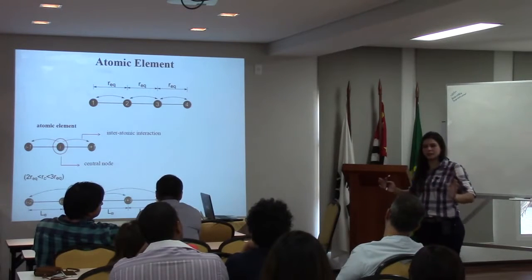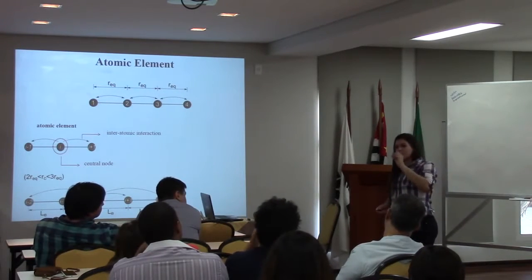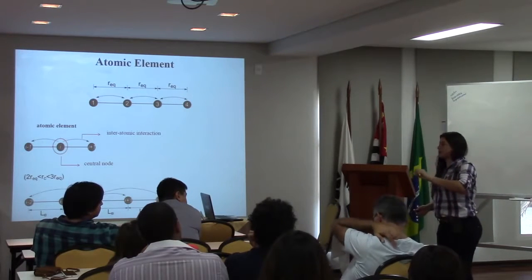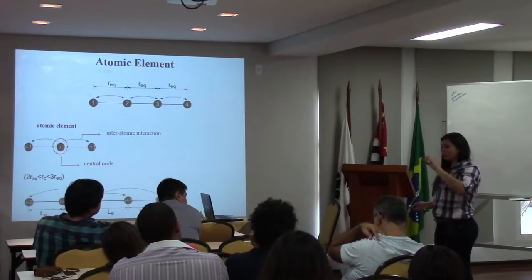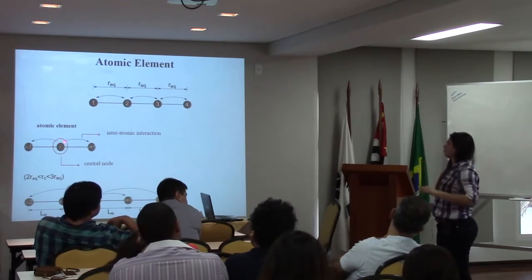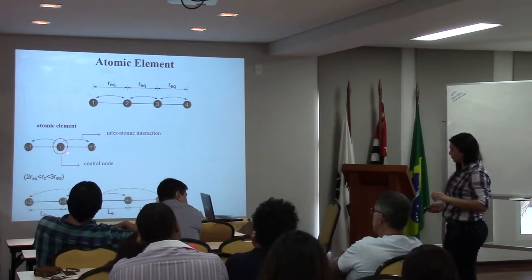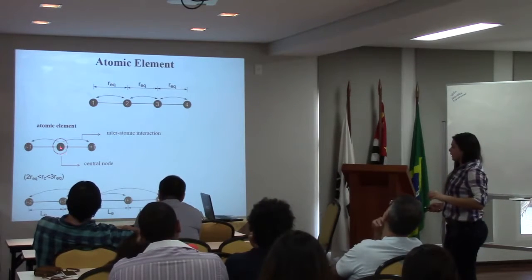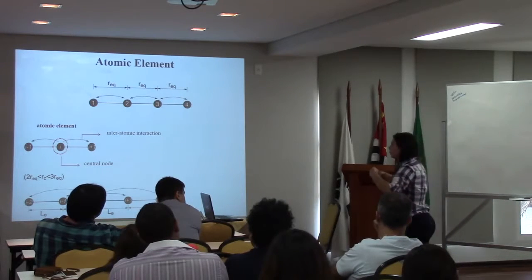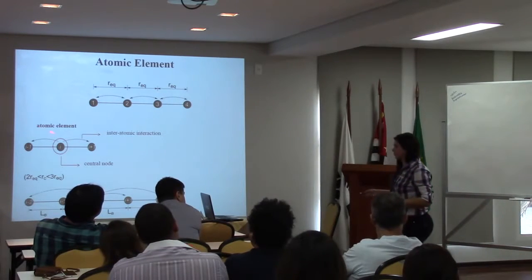You will decide this. But one main point in the atomic scale finite element method is that when you define your atomic element, all the calculations will be in relation to the central node. So all the procedures will be in relation to this atom.